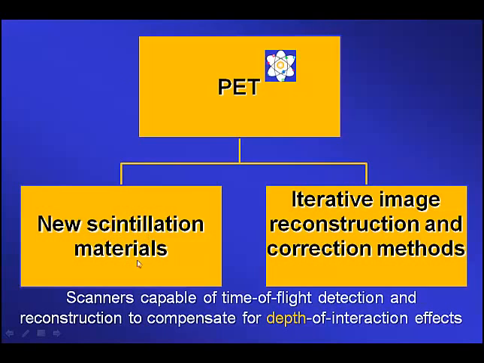Also, new scintillation materials were introduced recently, so they will increase the signal in PET imaging. And it will compensate for depth interaction effects, and we can see more structures in a physiological or functional way, better than before. And it will help us as new developments for molecular imaging.